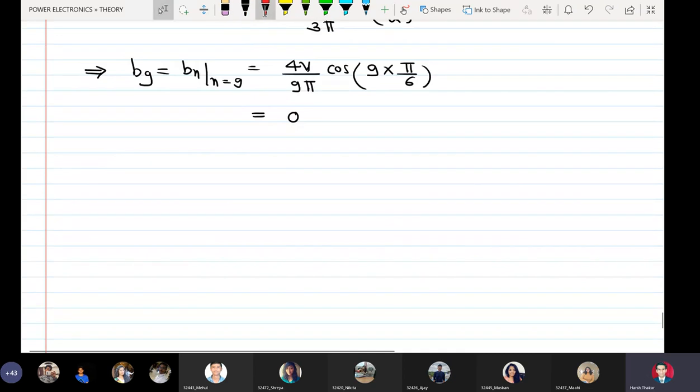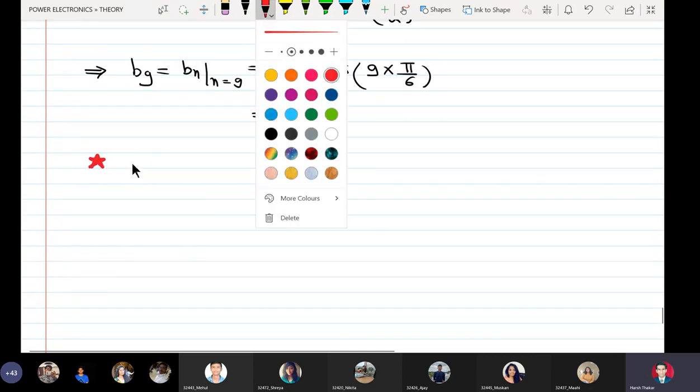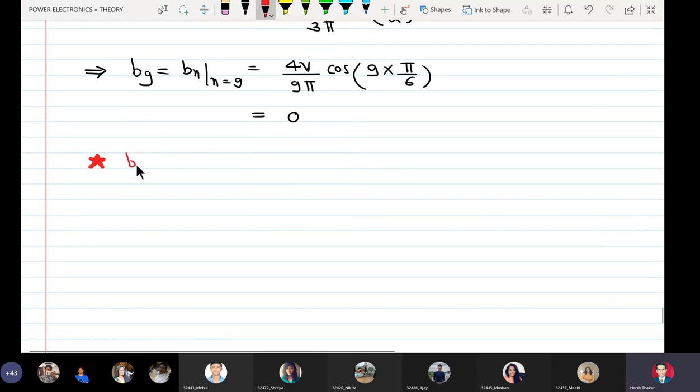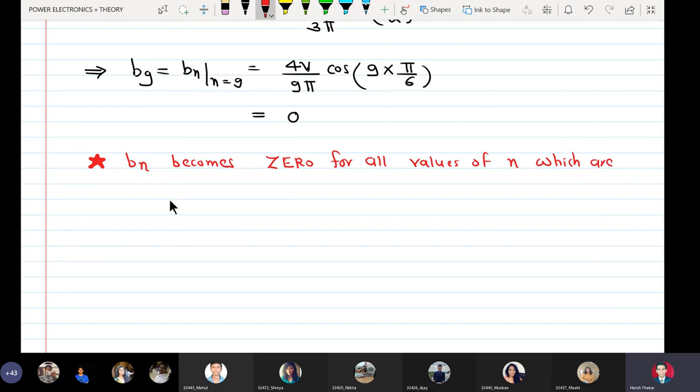So we can very safely conclude, I'm writing it in red color, that Bn becomes 0 for all values of n which are multiples of 3.